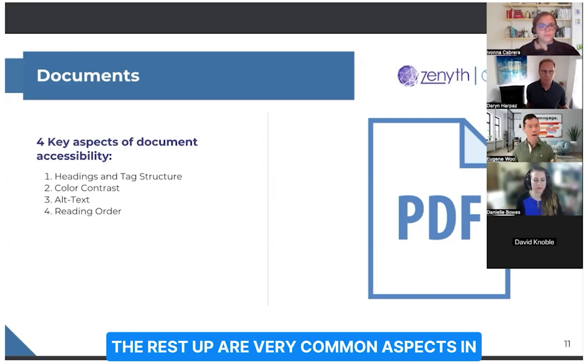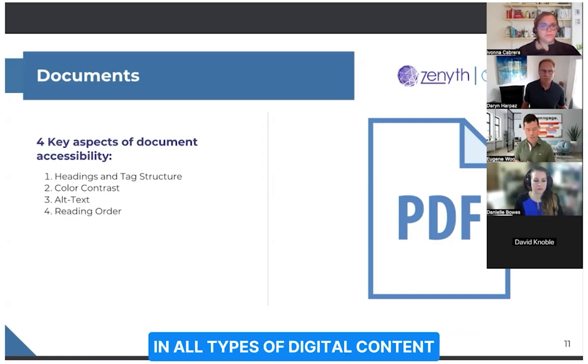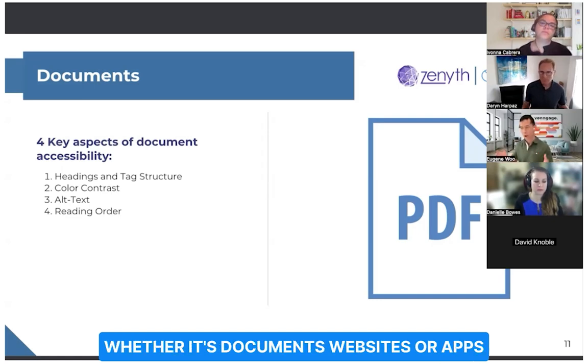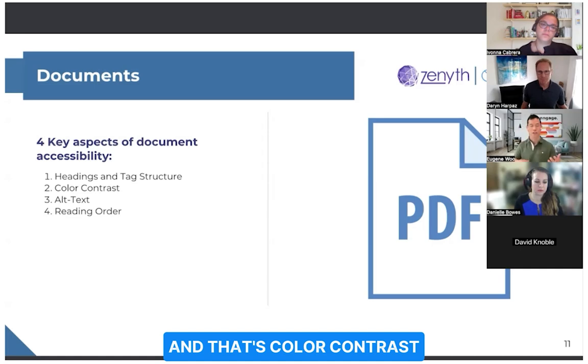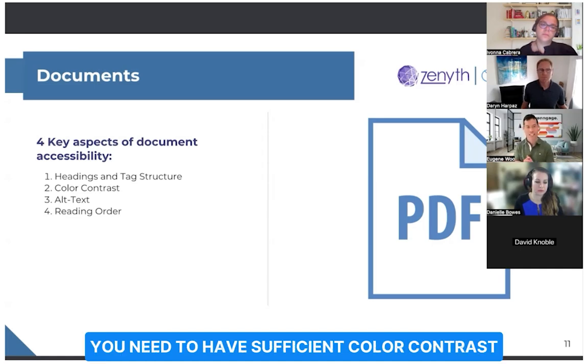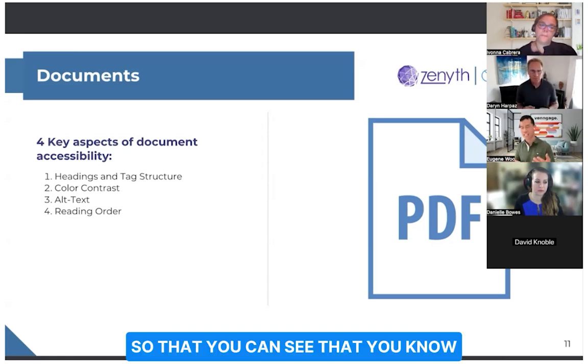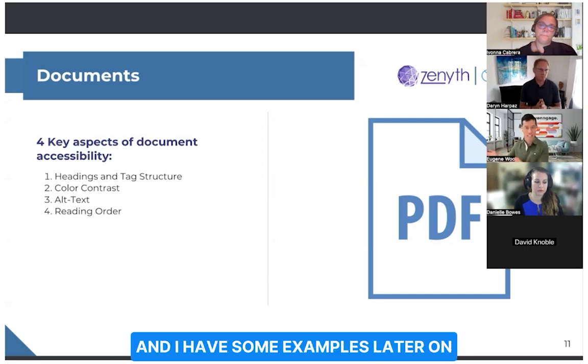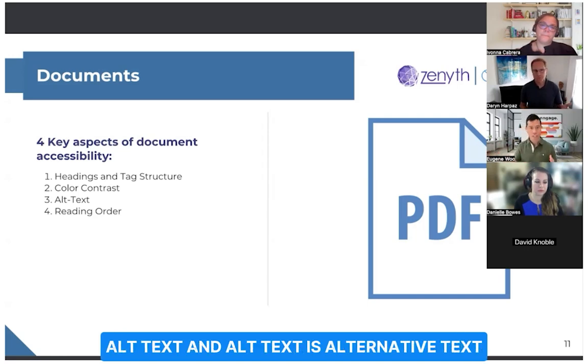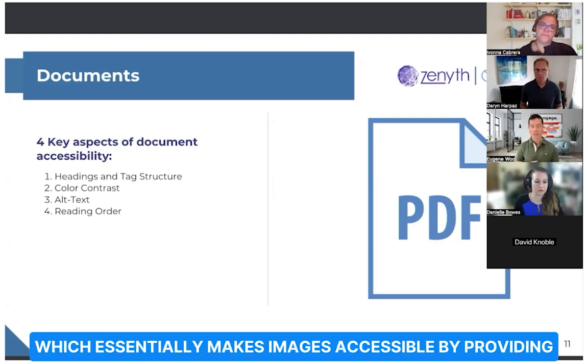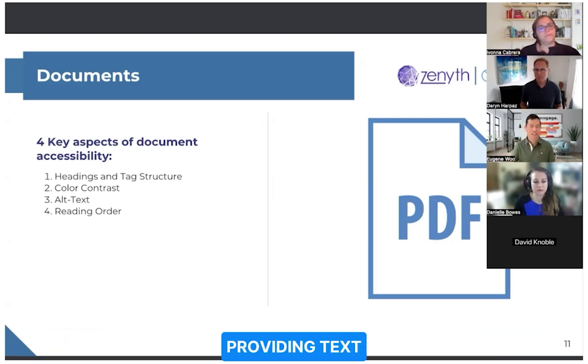The rest are fairly common aspects in all types of digital content, whether it's documents, websites, or apps, and that's color contrast. You need to have sufficient color contrast so that you can see the text against the background. And I have some examples later on. Alt text, and alt text is alternative text, which essentially makes images accessible by providing text.